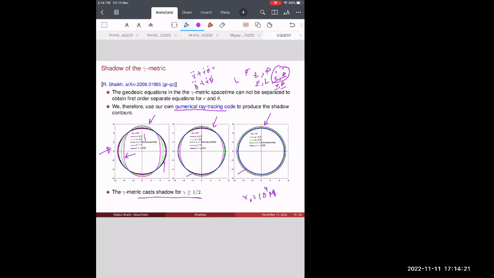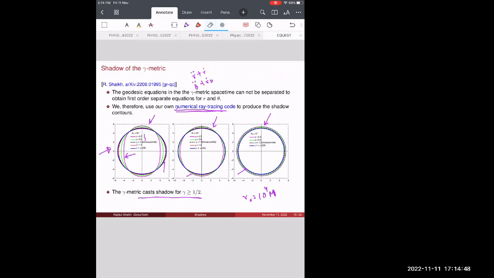From the observer location we shoot photons with different impact parameters, and we trace the photons backward in time using our numerical ray tracing code and see whether those photons get captured or turn around and escape to a faraway observer. Accordingly, we find the shadow contour.